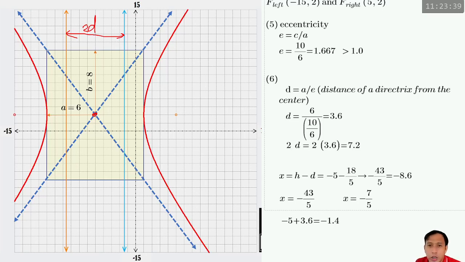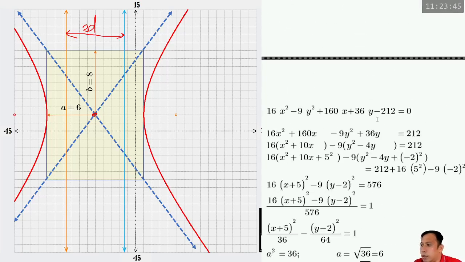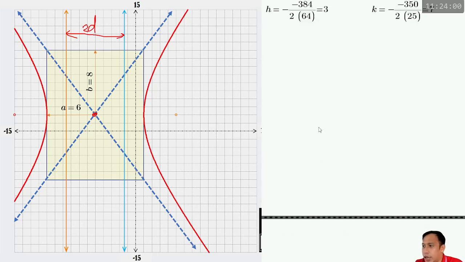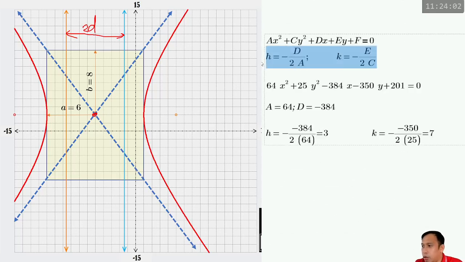Now, shortcut. I mean, formula. The same with the ellipse, pwede rin natin makuha right away yung location ng center by just looking at the equation. The formula is still equal to negative d over 2a at saka negative e over 2c.